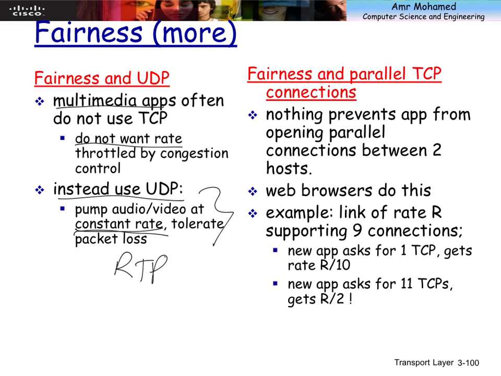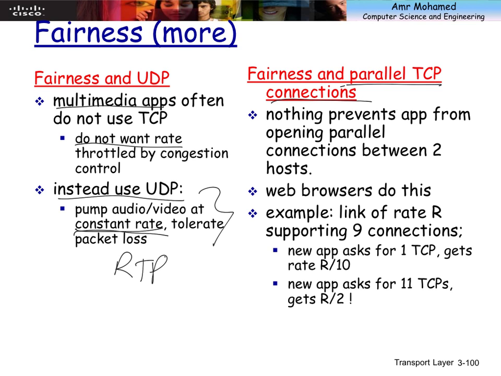So also for the case of fairness, remember that TCP uses parallel connections. We skipped the chapter about the application layer, but for some web applications, even for transferring one web page content, sometimes you use what we call parallel TCP connections, and we talked about that briefly before. So we said that the content on the web page can be divided into objects, and each object can be transferred using a separate TCP connection.